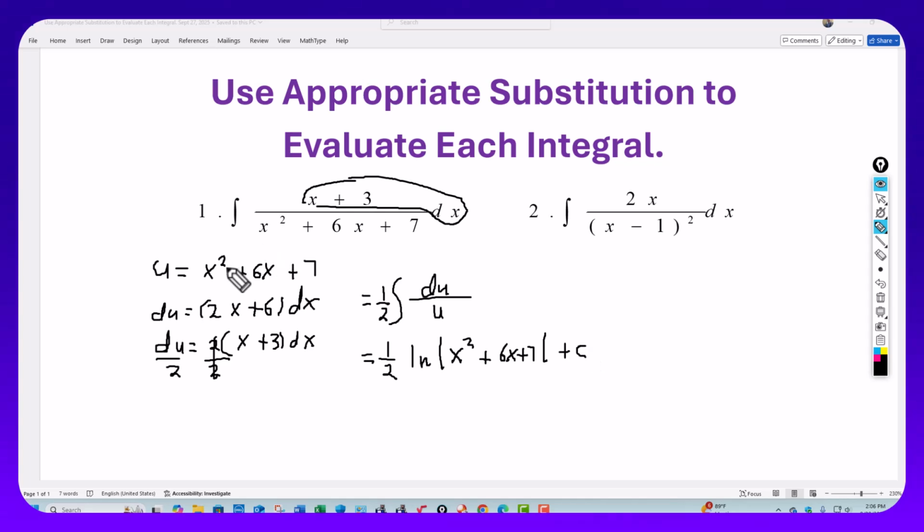So the answer is 1/2 natural log of x squared plus 6x plus 7, plus the constant of integration. That's the value of the integral for problem 1.